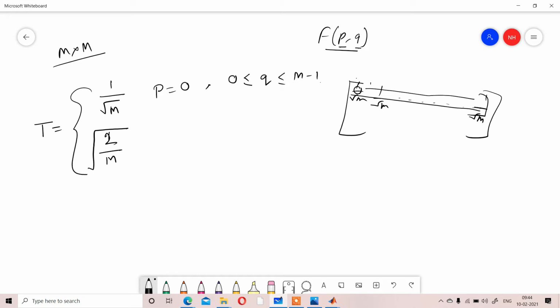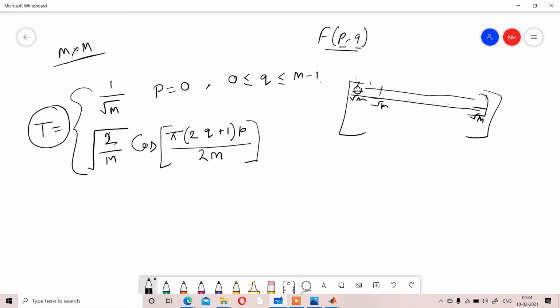As the matrix size is m cross m, alpha p and alpha q both will be defined by simply one matrix T, and the value will be root of 2 by m cos of pi into 2q plus 1 multiplied by p by 2m, where p will vary from 1 to m minus 1, as we have already considered p equal to 0.